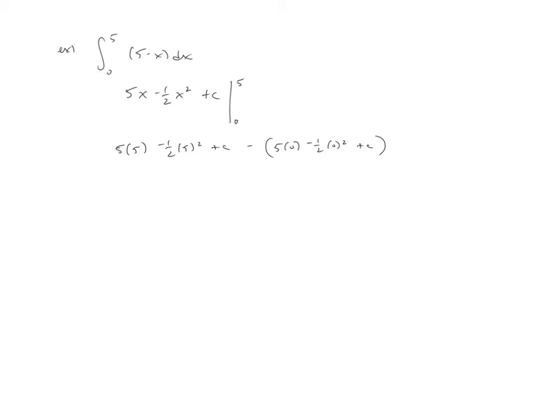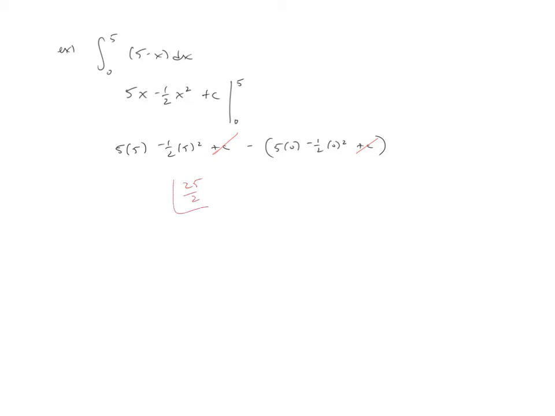So for definite integrals, those c's will always subtract off to 0. So for a definite integral, and hear me very carefully here, the plus c isn't a big deal if you don't write it, but for an indefinite integral, you would always have to have that, okay? So then we would just compute these numbers, a little bit of number crunching there, and we end up with 25 over 2.